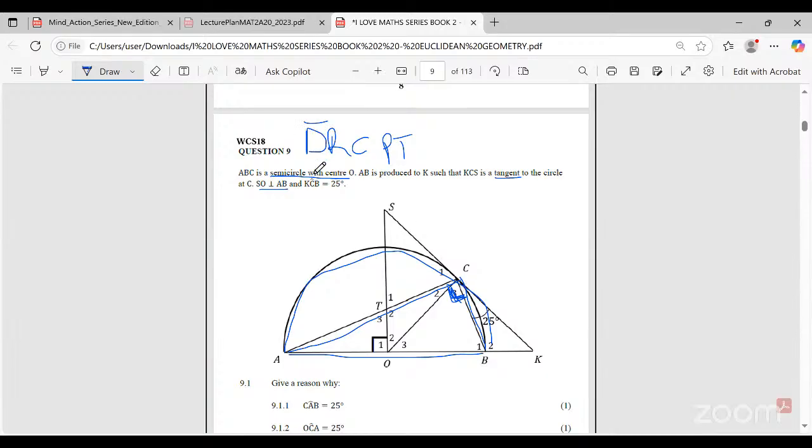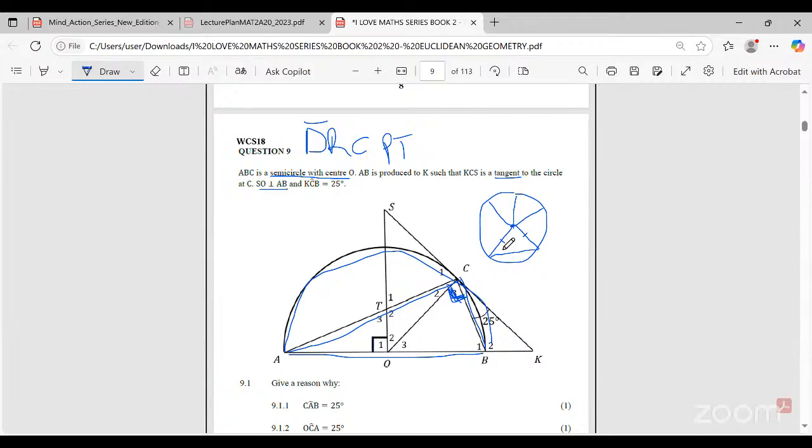Now let's go to the radius. The radius is the line from the center of the circle to the point on the circumference. It can be this one, that one, that one, but the radius is equal everywhere. If I join these two radii here, then this line is equal to that line.